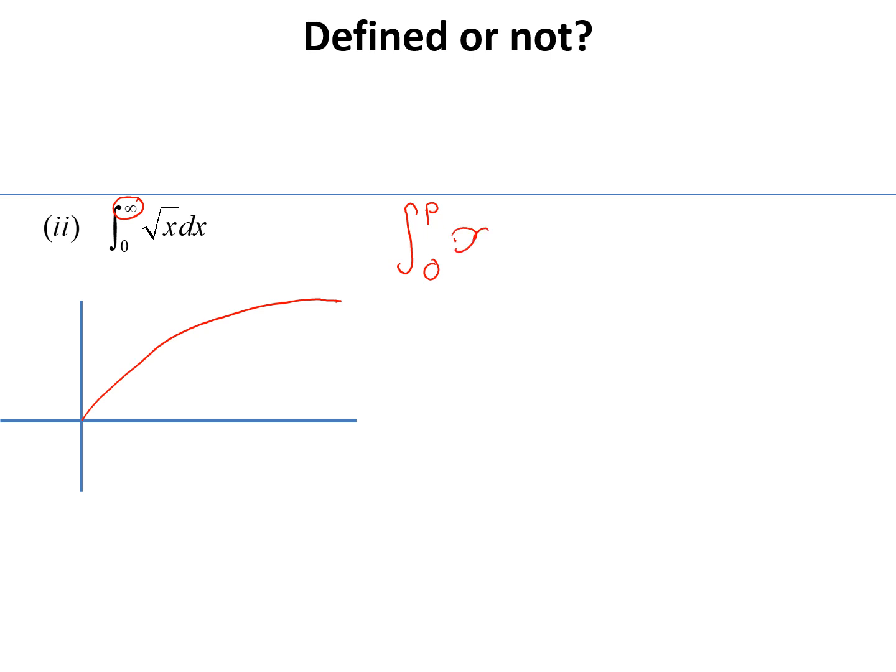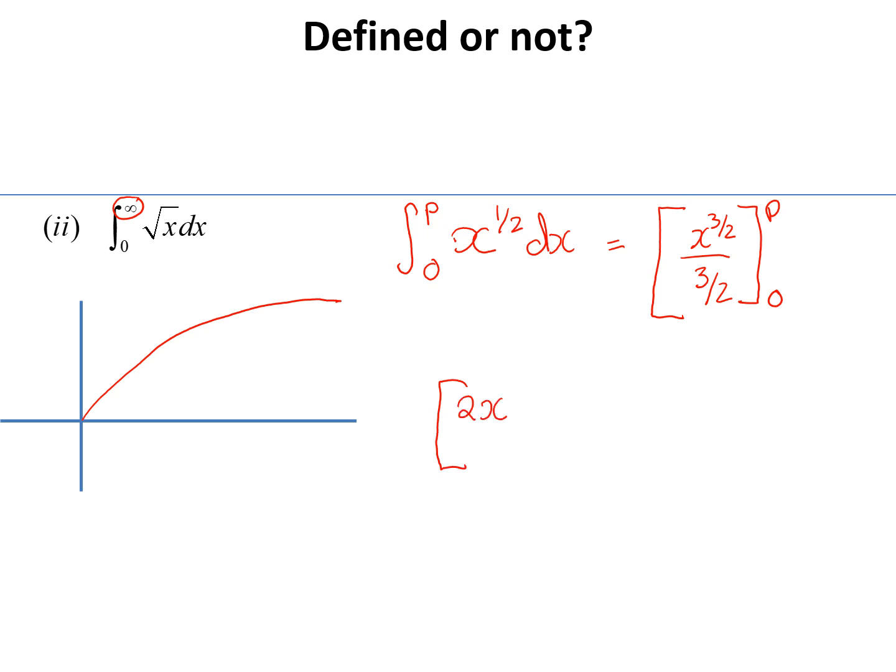And I'm going to call the root x, x to the half. So that becomes add 1 to the power, divide by the new power. Before I put in the p, I'll just rearrange that so it looks like 2x to the 3 over 2, over 3.